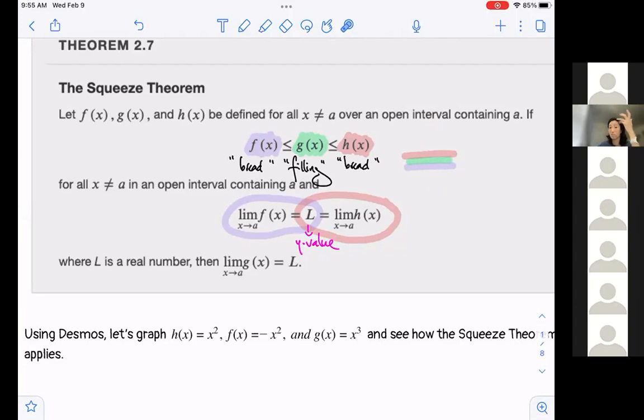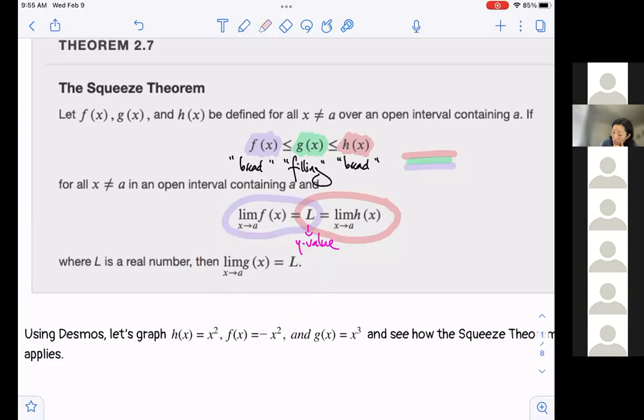Yes. This is saying that essentially the middle part, the filling, becomes one with the bread, and your fingers end up touching when you're squeezing this sandwich.